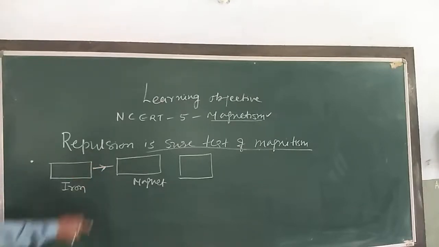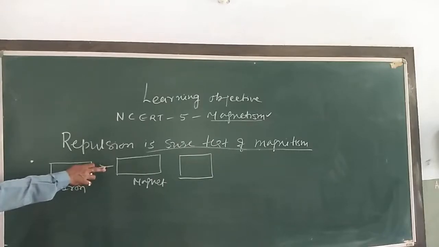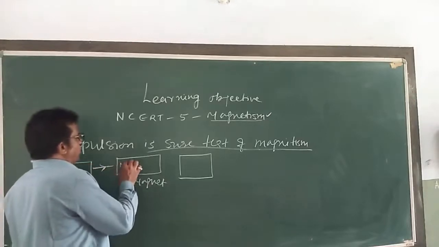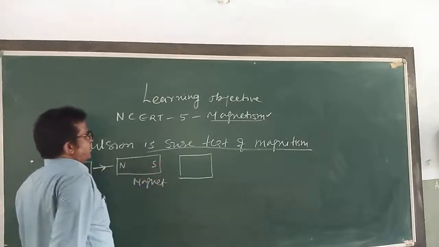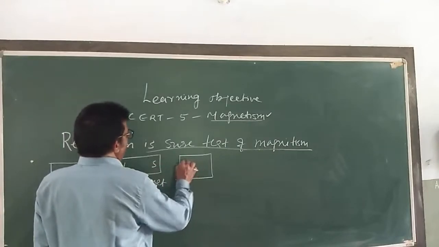However, one end of the bar magnet repels only the like pole of the given magnet. Hence, if suppose this is north pole, this is south pole, so it will attract only north pole.